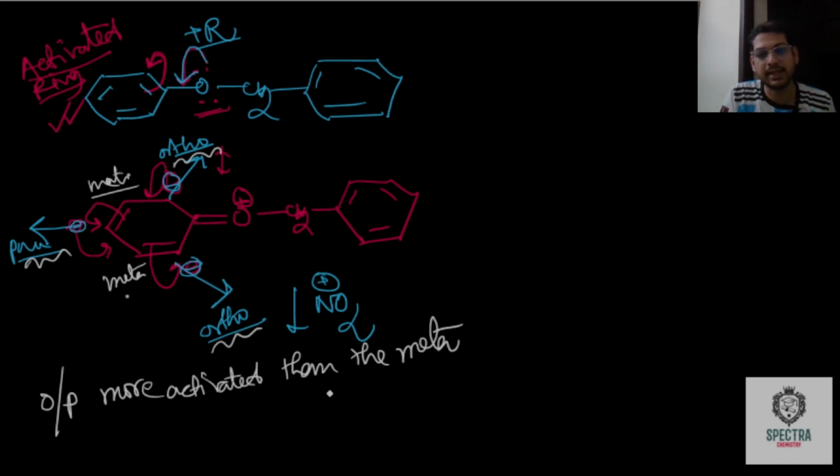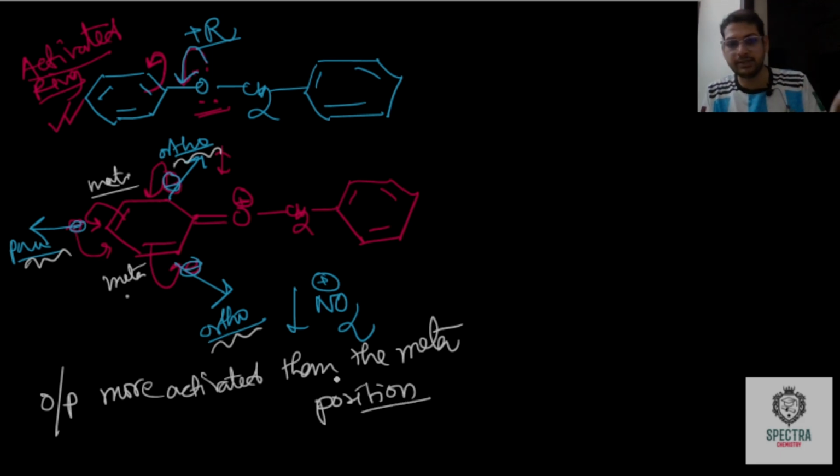So the ring as a whole is activated, but the ortho and para positions are more activated than the meta position.